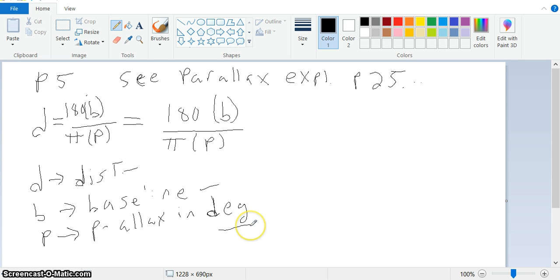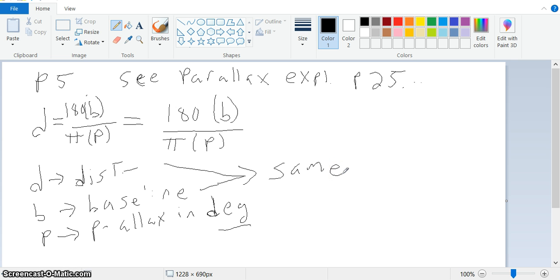And the parallax has to be in degrees. The thing about the units, for the distance and the baseline, they must be in the same units. Both of these, the distance and the baseline, must be in the same units.